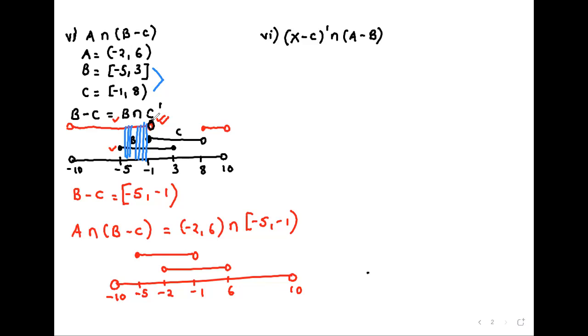But we want what is in C complement and what's in B. So because it's open in C complement, it will be open in the intersection of the two. So what you're saying is if the line on top is open, then it should be open, even if the line beneath is closed. Yes. If one of them is open, then you open in the intersection.